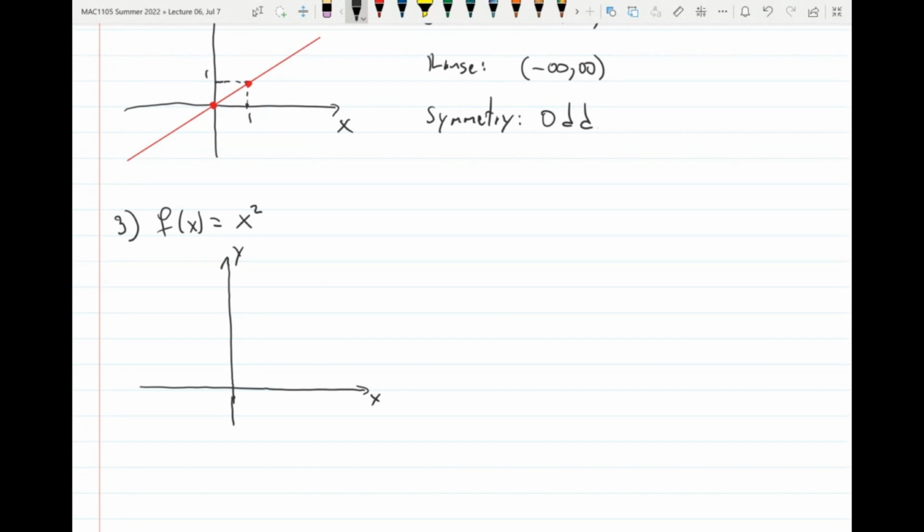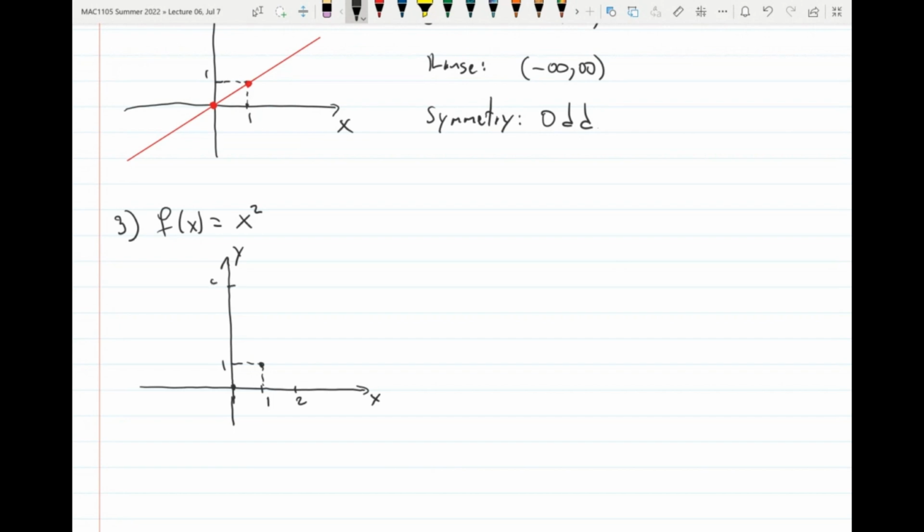The point is, first of all, it's an even function, right? Because of the x squared, whatever happens on the right is going to happen on the left. And the bigger x gets, the faster y grows, right? You need to square the value of x to obtain y. So for example, it goes to 0, 0. It's going to go to 1, 1. And then when x is 2, we are at 4.